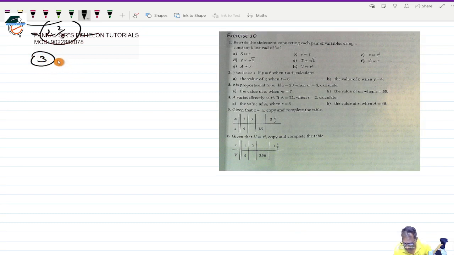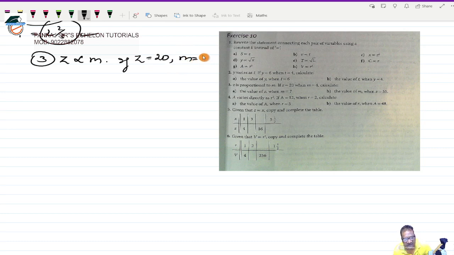Question number 3 says that Z is proportional to M. So let me write that Z is proportional to M. Further he says that Z is equal to 20 when M is equal to 4.